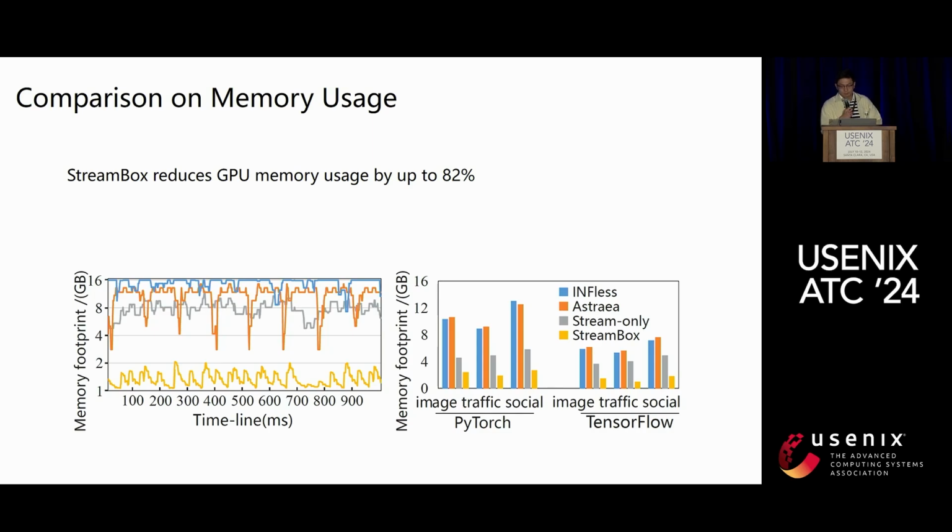We can observe that StreamBox significantly reduced GPU memory usage compared to all baselines. Furthermore, StreamBox reduced memory footprint by 71% compared to stream-only because of the fine-grained memory management. StreamBox allocates exactly the memory needed during the DNN inference computing through lazy allocation and eager recycling.